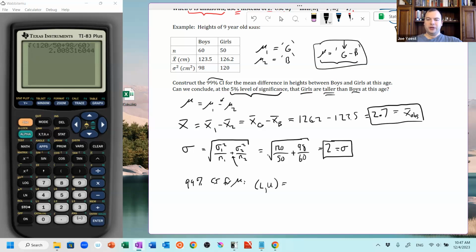Well, that's going to be my point estimate, 2.7, plus or minus an index. But since I know sigma, this is going to be a z index times my standard error. My standard error I just calculated was 2.